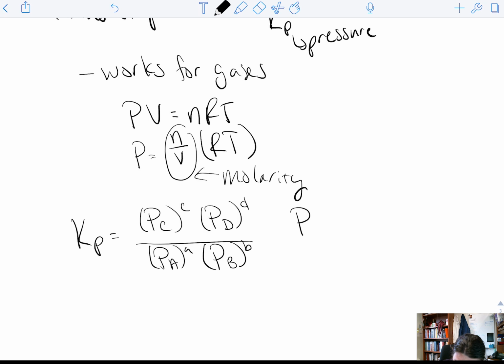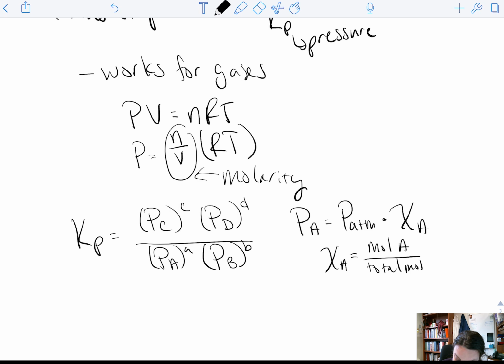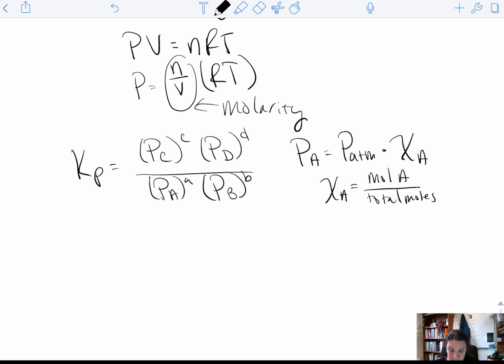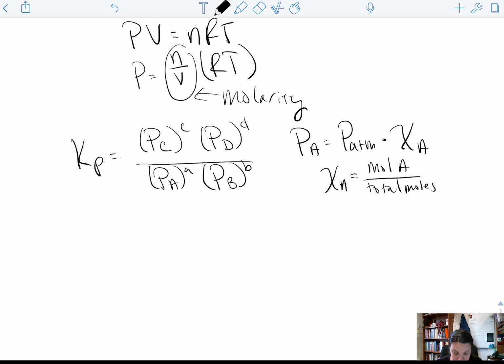So the partial pressure of A, for instance, is the pressure of the atmosphere times our mole fraction of A. Our mole fraction of A, hopefully you guys already know this, but just in case, is moles of A divided by total moles. Okay? So we can use partial pressures in this equation to determine our equilibrium constant in terms of Kp.